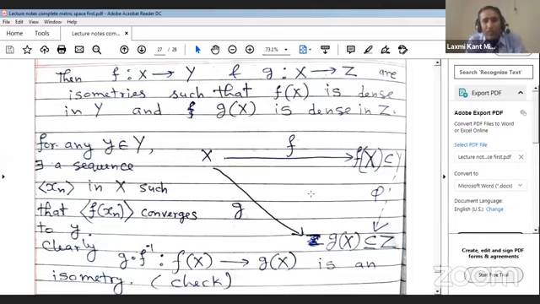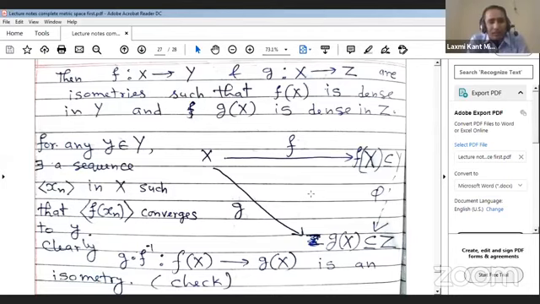So we get a sequence xn inside capital X such that its image is a convergent sequence inside f(X) which converges to small y.